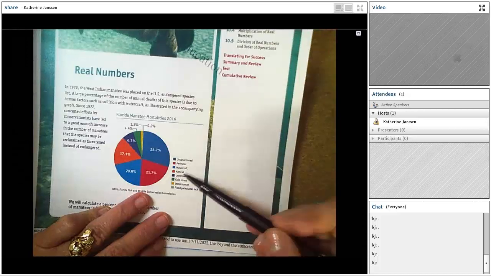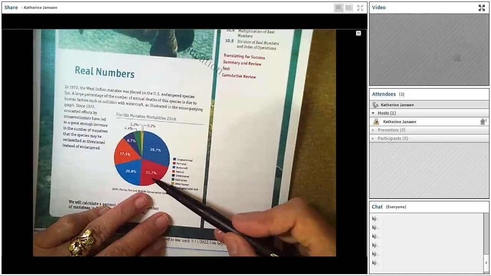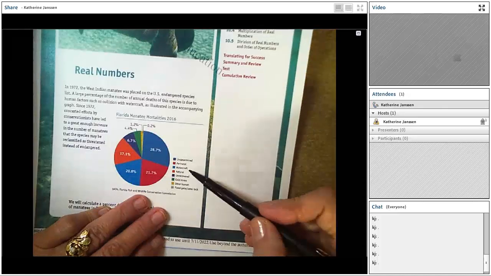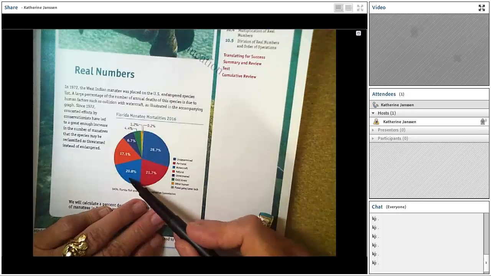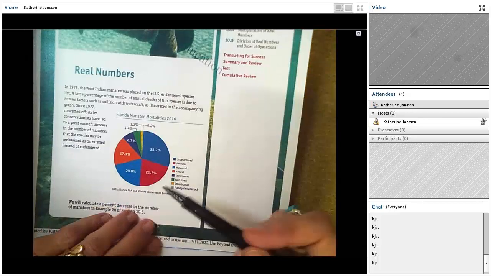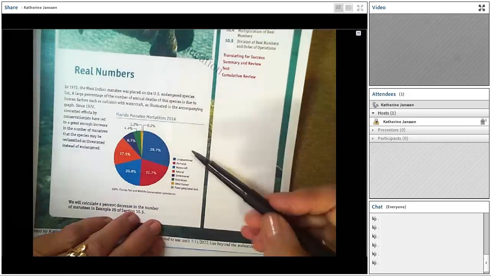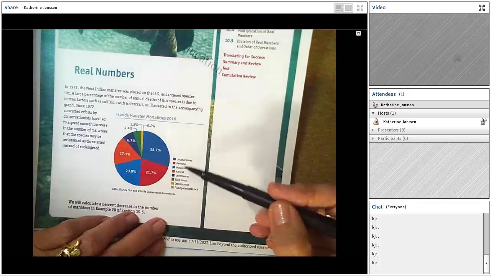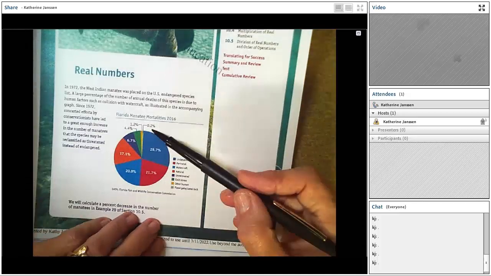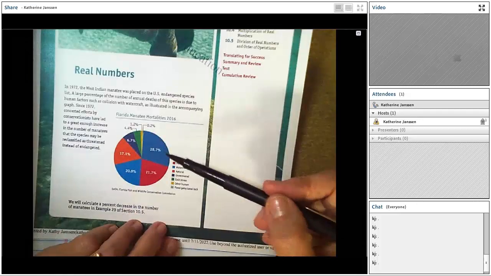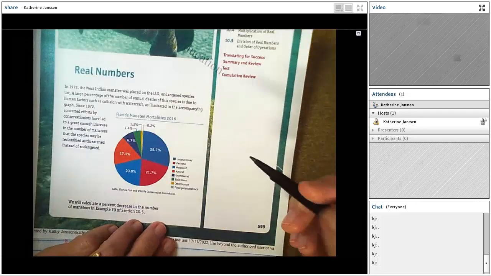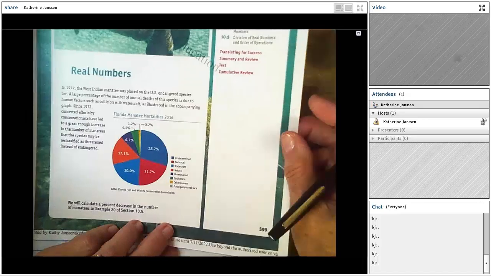Perinatal is the red for 21.7%. Watercraft deaths, the light blue color, 20.0%, and so on. And we want to be able to read numbers that now have decimal points, percentages, accuracy to 3 or 4 places following a decimal point. And that begins to take us into the real number system.